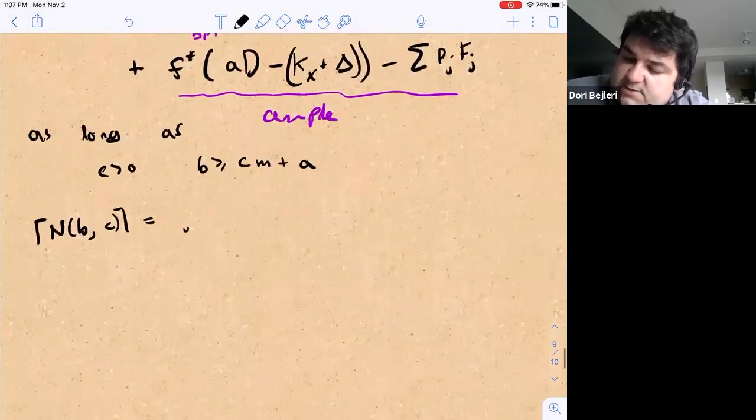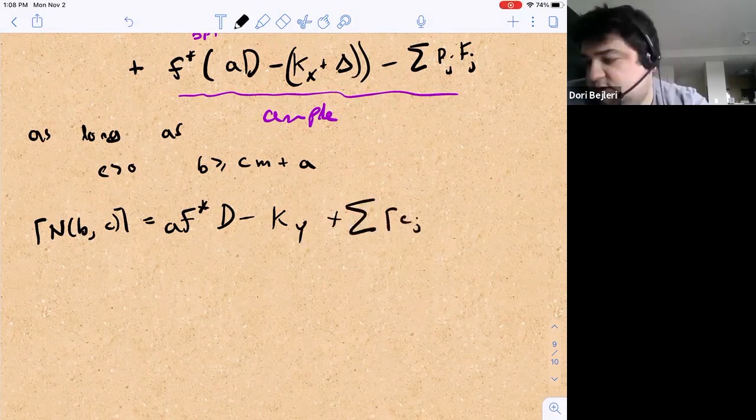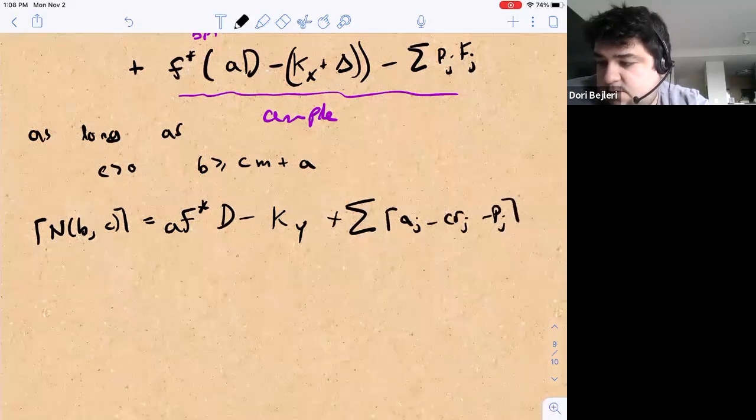So this roundup is b f upper star D minus kY plus the roundup of (aj minus c rj minus pj) Fj.